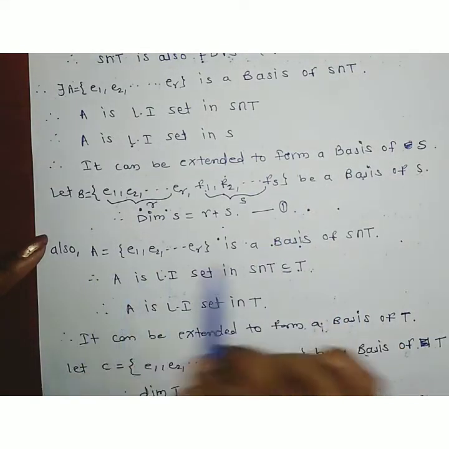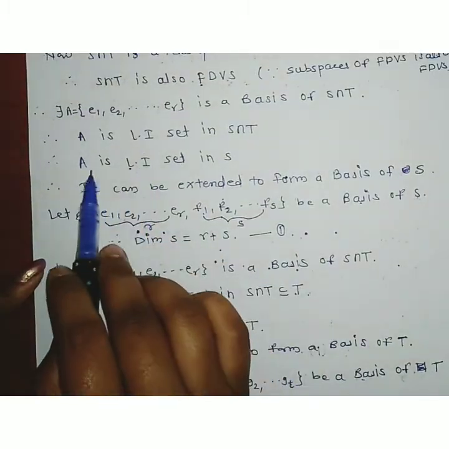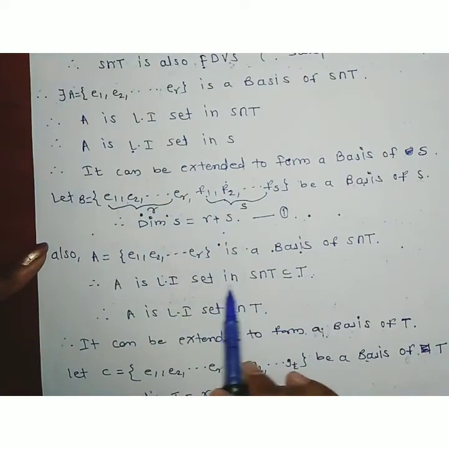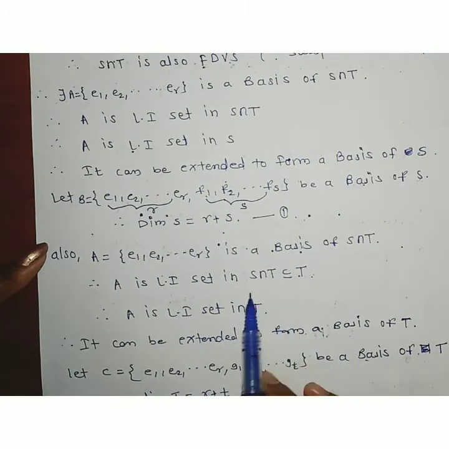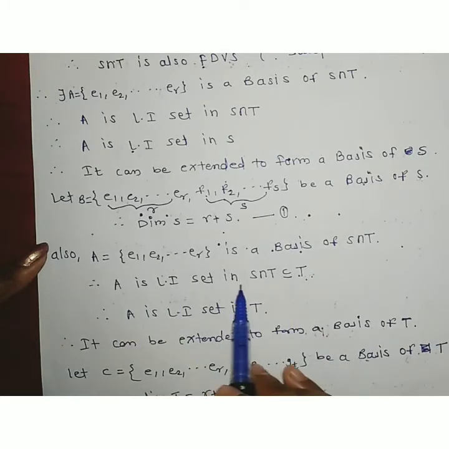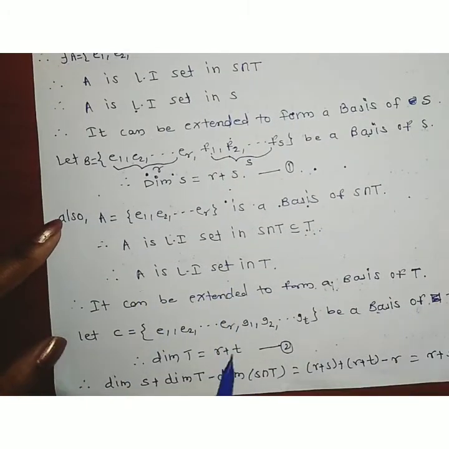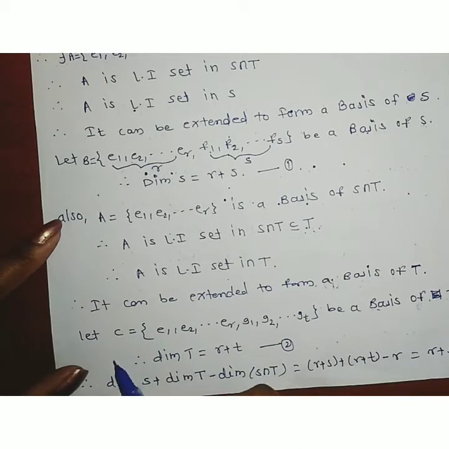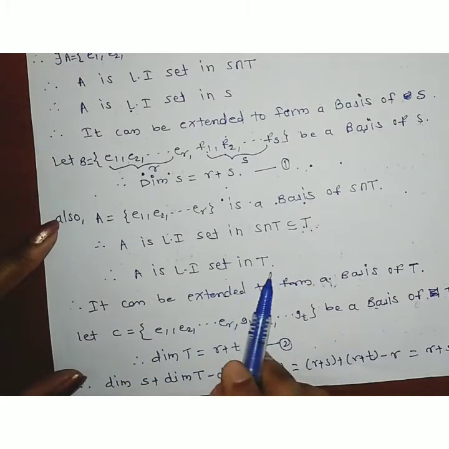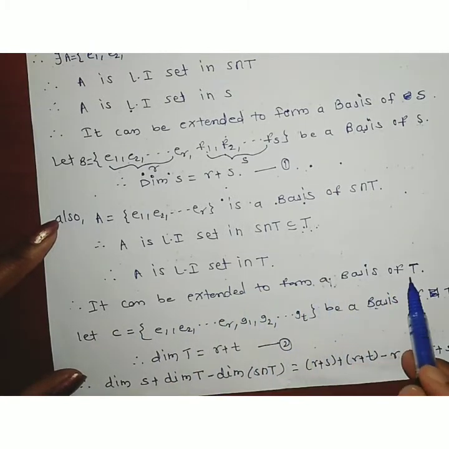Therefore, by using the same procedure as before, where we considered A as a linearly independent set in S, now consider A as a linearly independent set in T. Since S intersection T is a subspace of T, A is a linearly independent set in T. By using the theorem, any linearly independent set can be extended to form a basis, so it can be extended to form a basis of T.